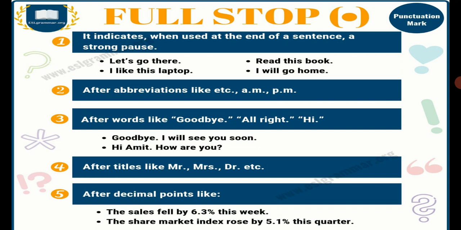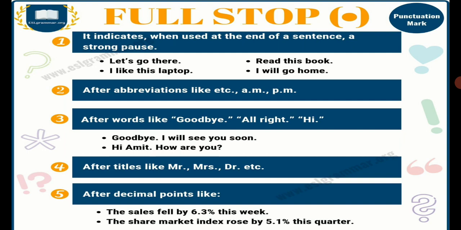Some words like goodbye, alright, hi, after this type of words we also use a full stop. Then another rule is after titles like Mr., Mrs. and Dr. Some words we always write in a short form, just like Mr. The spelling of Mr. is M-I-S-T-E-R, right?